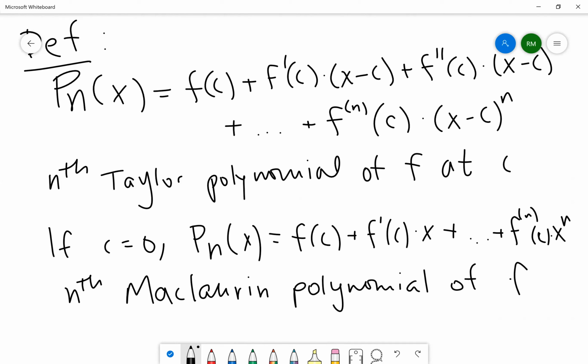Okay, so the Maclaurin polynomials are just a special case of the Taylor polynomials because Maclaurin did his work separately from Taylor. So I'm going to do an example, and then you're going to do an example.